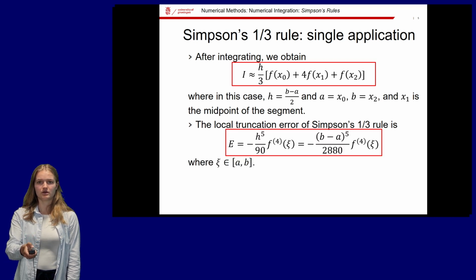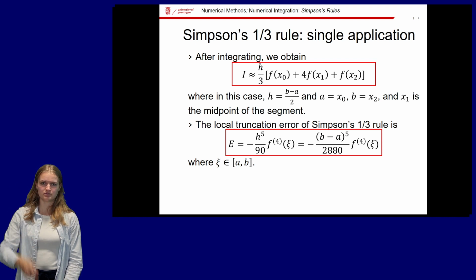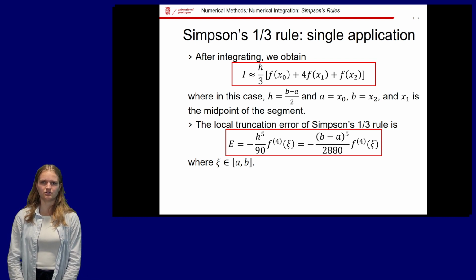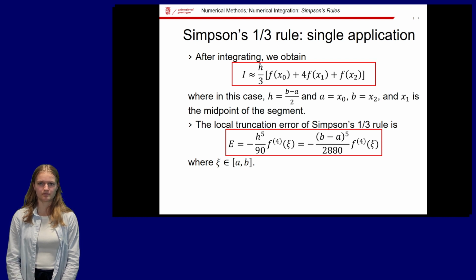The local truncation error of Simpson's 1/3 rule is given by this expression, where E is equal to minus h to the 5th over 90 times the 4th derivative of f at xi, where xi is some value in the domain from a to b. We can again plug in the expression for h to obtain the error in terms of b and a.